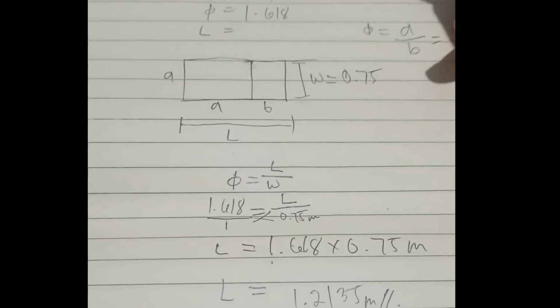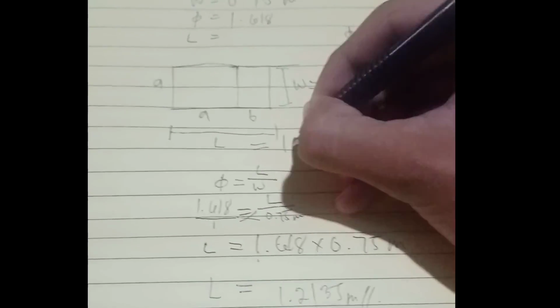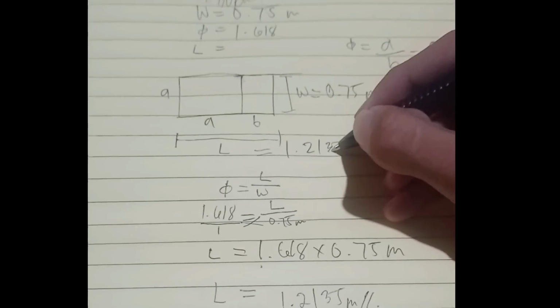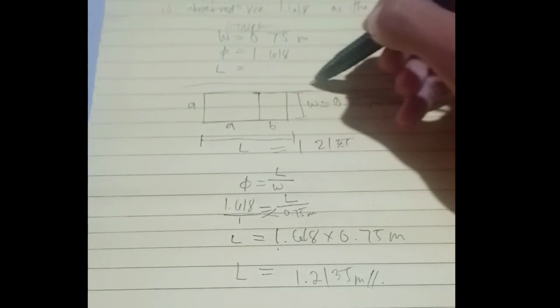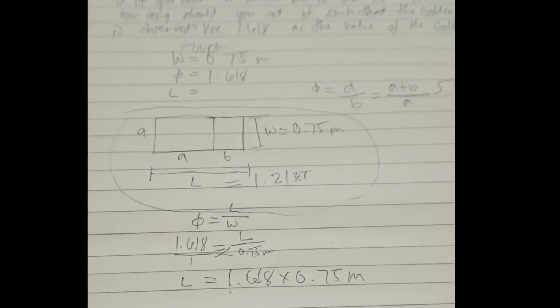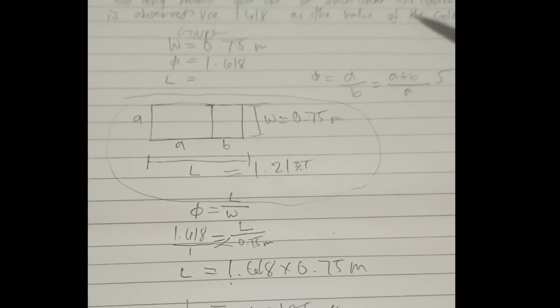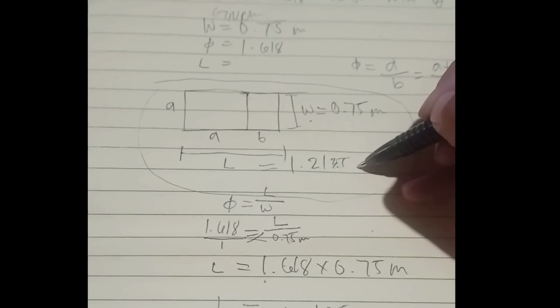So the width is 0.75 meters and the length is 1.2135. So now this rectangle, or this wooden board, is a wooden board based on the golden ratio, because we have solved for its width and its length.